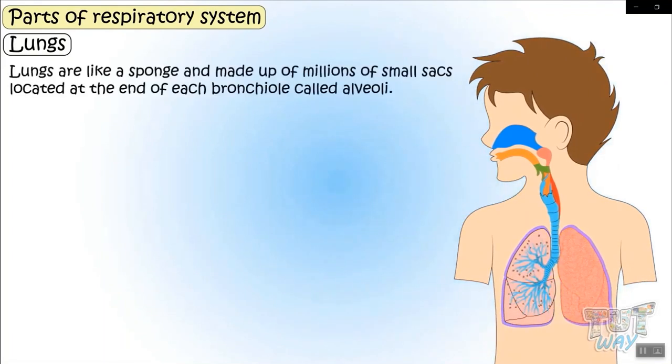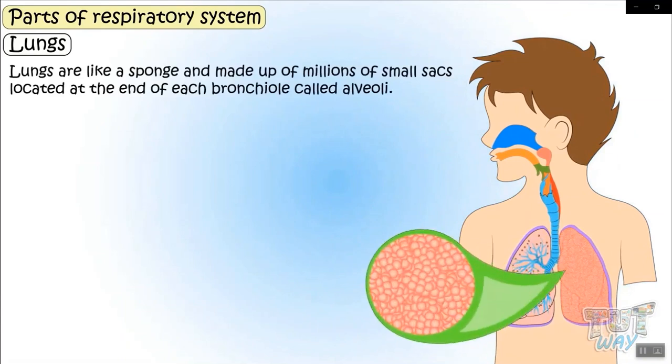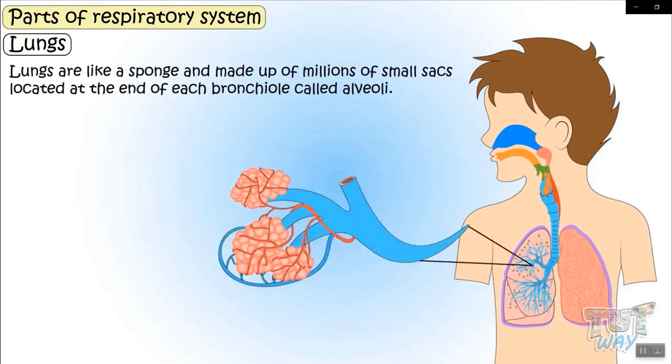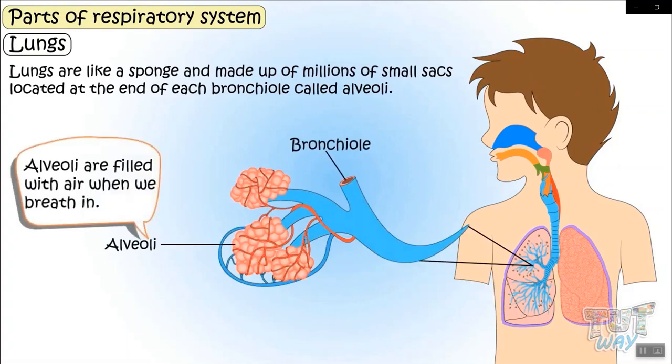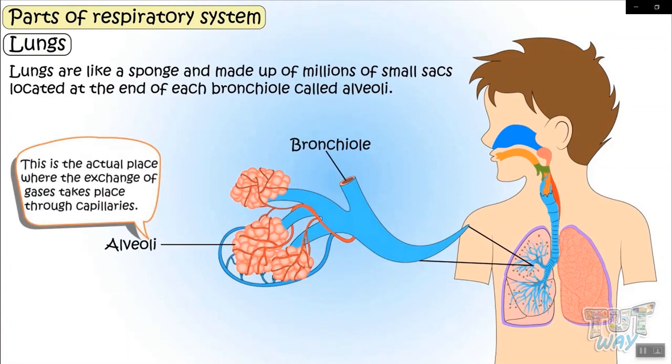Lungs are like a sponge and are made up of millions of small sacs at the end of each bronchiole called alveoli. And these alveoli are filled with air when we breathe in. And this is the actual place where the exchange of gases takes place through capillaries.